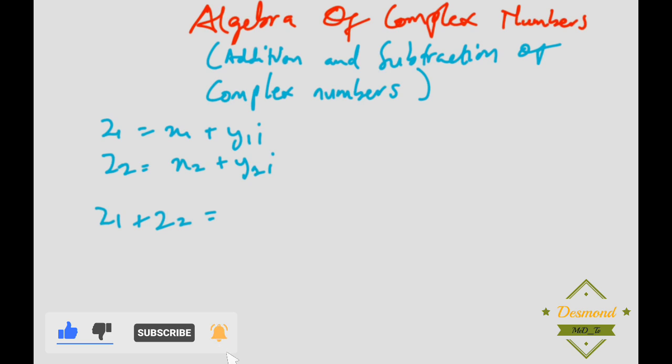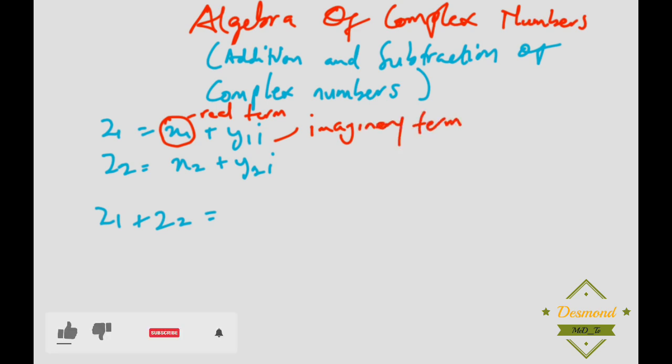Now, whenever you are asked to add complex numbers, the x part is called the real term, and the y part is called the imaginary term.